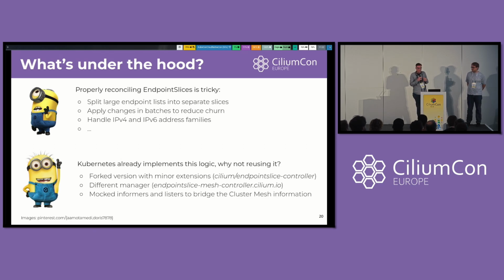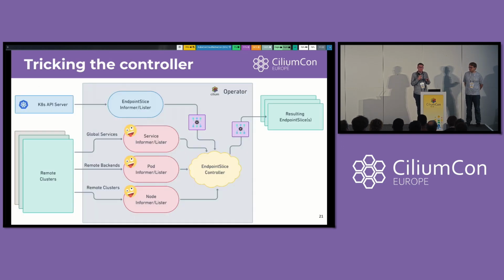It's obviously easier said than done, and the reason is that the main difference here is we are not retrieving information from Kubernetes, but from the cluster mesh control plane logic. We see here that the EndpointSlice controller is taking information from 4 different sources.